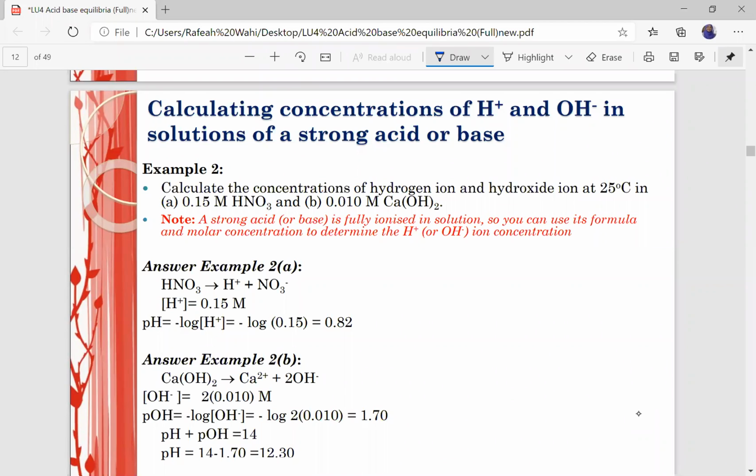Before we solve the problem, the first thing that you need to do is always to write the balanced dissociation reaction. In the first case, you have nitric acid. Nitric acid dissociates into H plus ion and the conjugate base, which is nitrate.